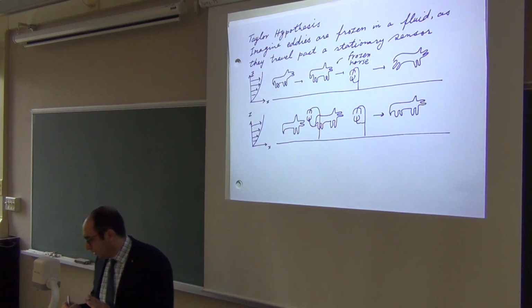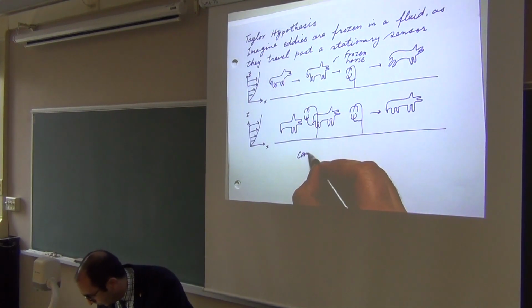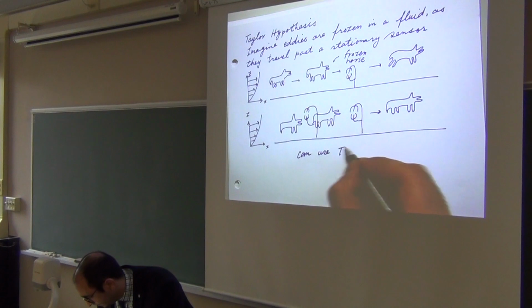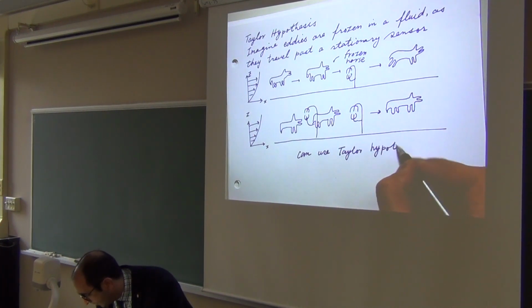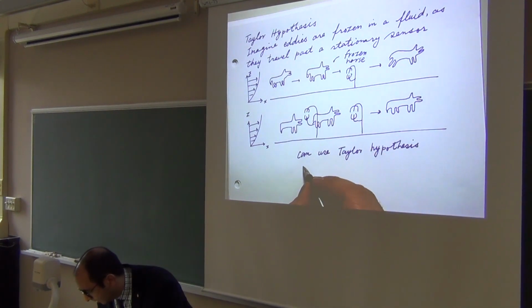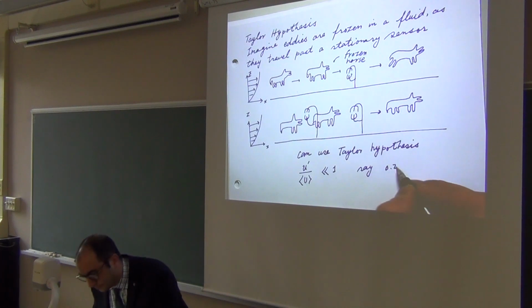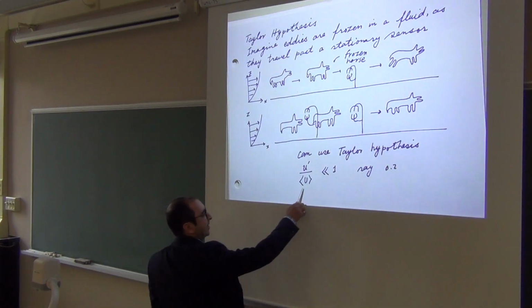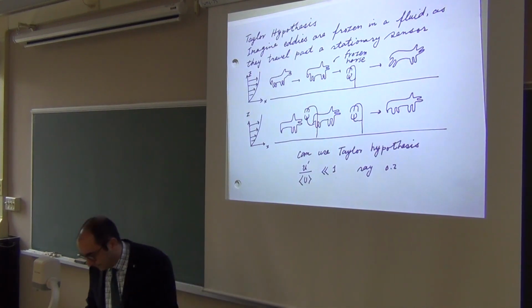So things are much simpler. I can use the Taylor hypothesis, and this will happen if fluctuations over mean flow are much less than 1. Say if this is around 0.2 or something like that, I can use the Taylor hypothesis and the horse is not going to change significantly.